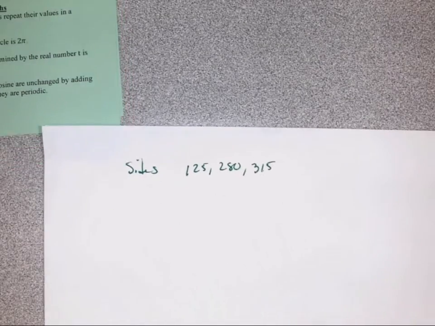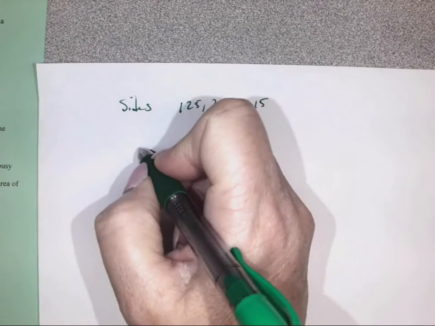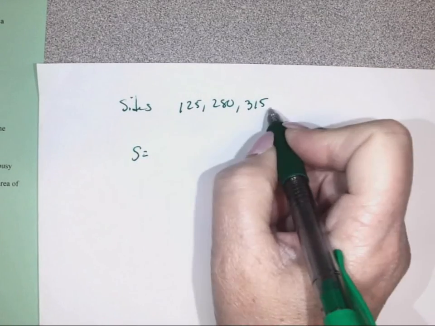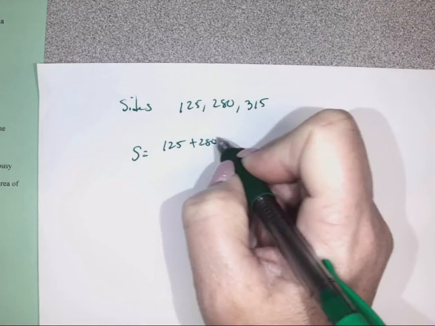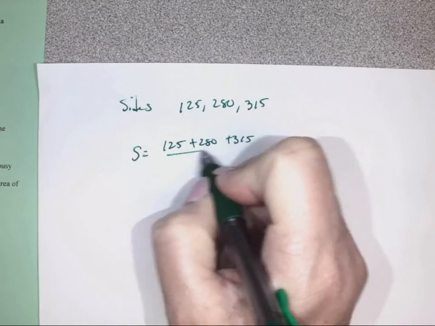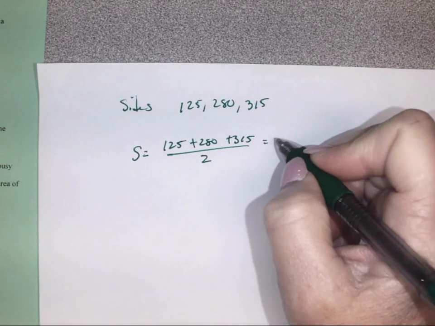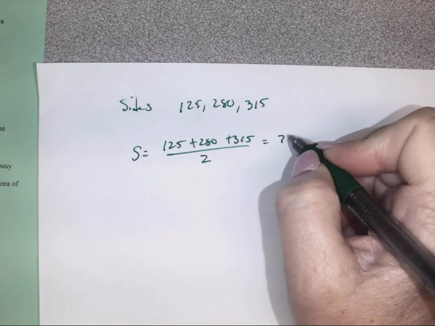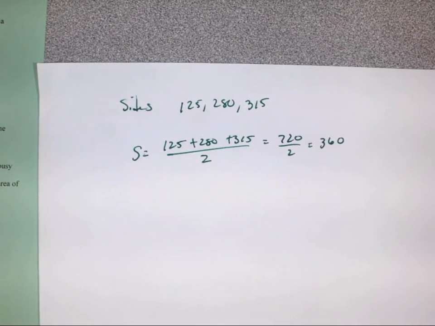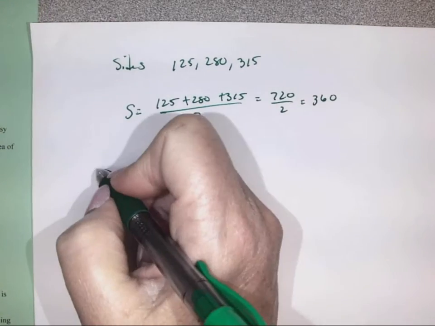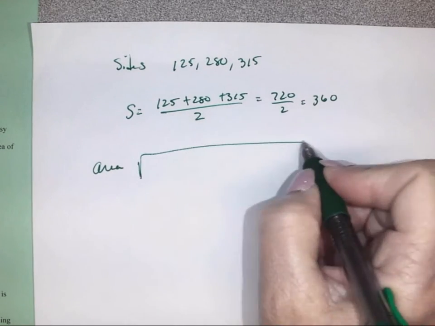So the first thing we have to do is find our S. And our S is the three sides added together, and we're going to divide by 2. So the total of adding those would get us 720, divided by 2 is 360. To find the area, we'll plug that into our formula.